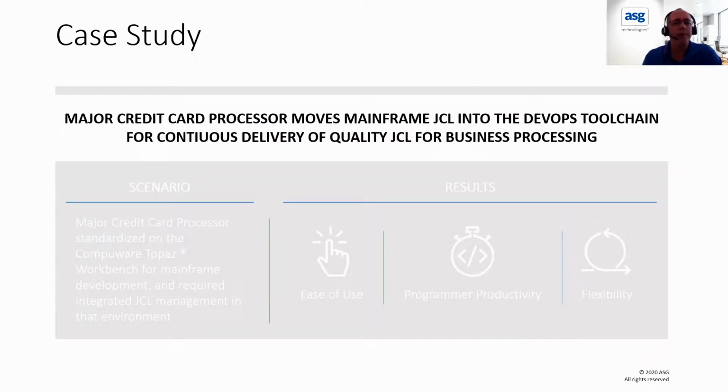One of the major credit card processing companies brought our product in. They interface with Topaz, and they wanted to automate their JCL moving from the development area, or actually from production. What they asked us is, we sometimes move JCL from production, and we have to take it out of production and put it into the test environment.